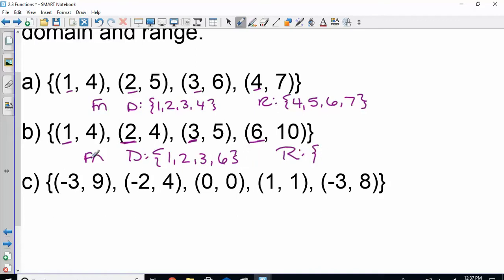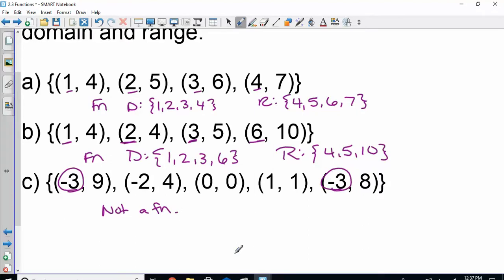My range is my y's. 4 shows up twice, we only list it once, so it's just 4, 5, and 2. All right, C? No, because I see the -3 repeats.